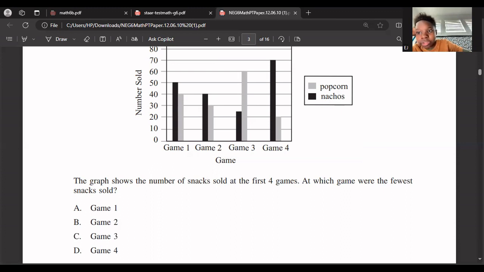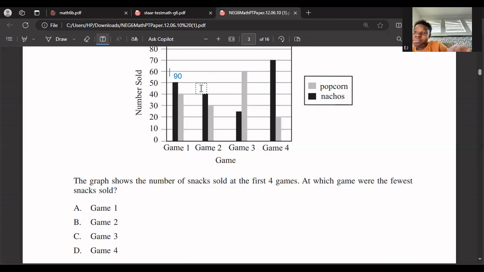Game 3 had 25 nachos and 60 popcorn. And game 4 had 70 nachos and 20 popcorn.